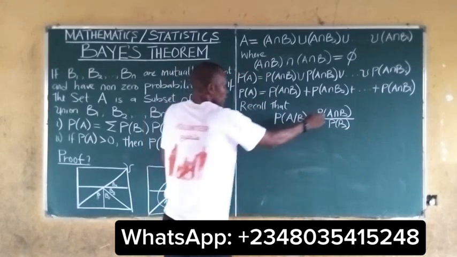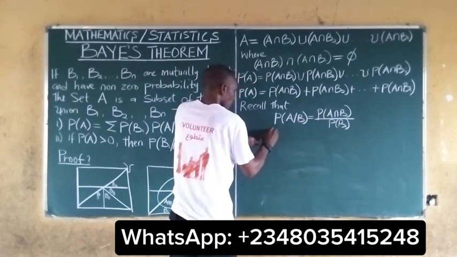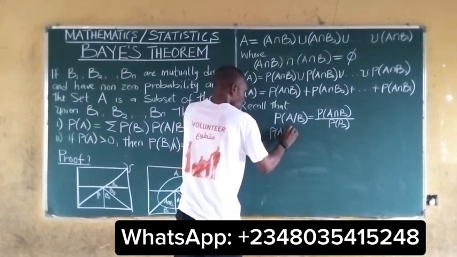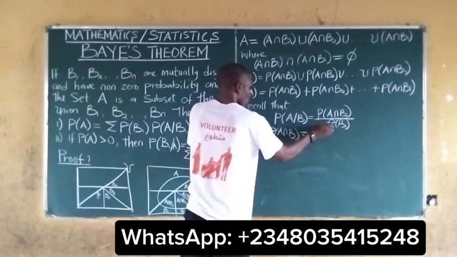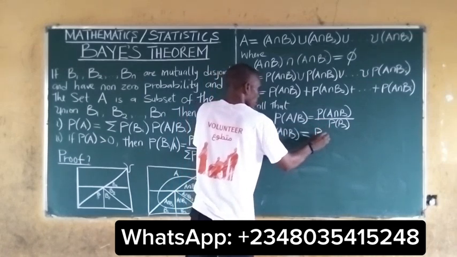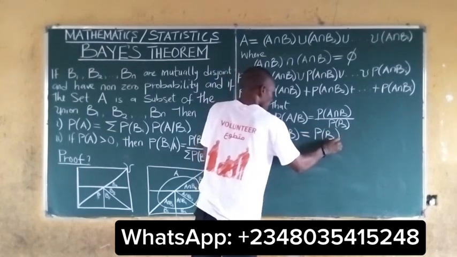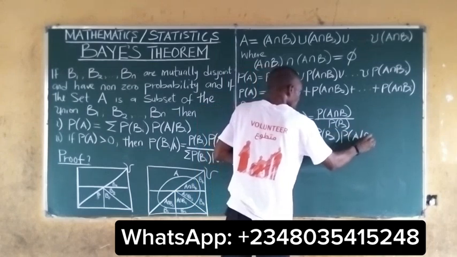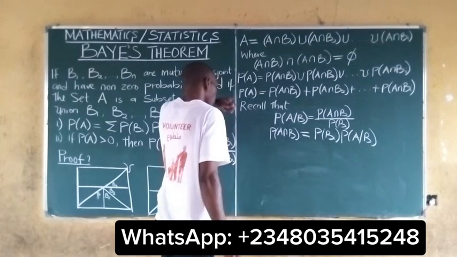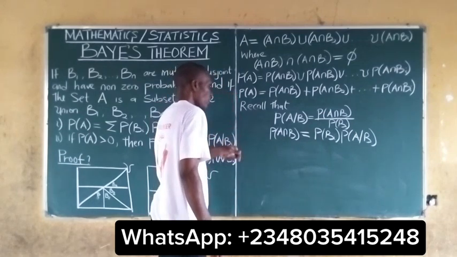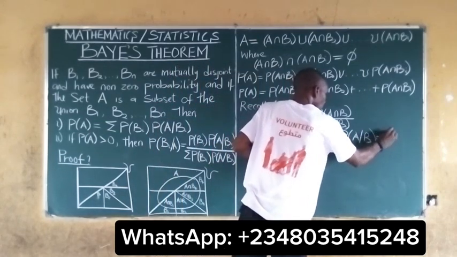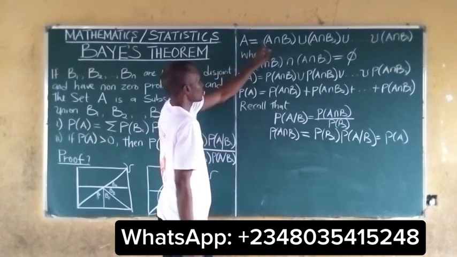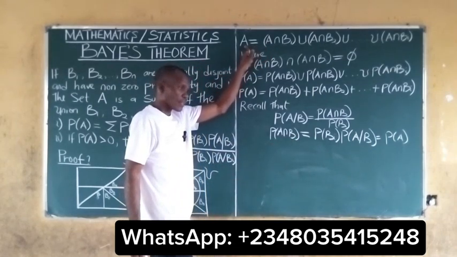If we take this as the subject, it means we get the probability of A intersection Bi is equal to the probability of Bi multiplied by the probability of A given Bi. Of course, this is equal to the probability of A. That means the probability of A intersection Bi is part of the probability of A.